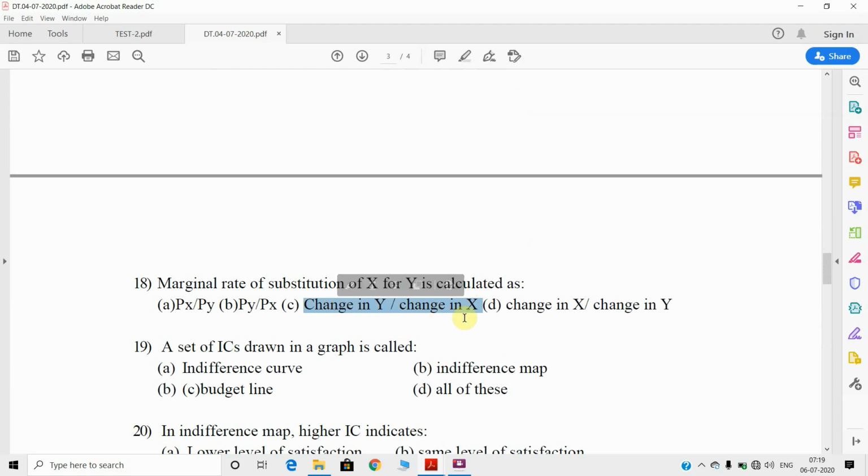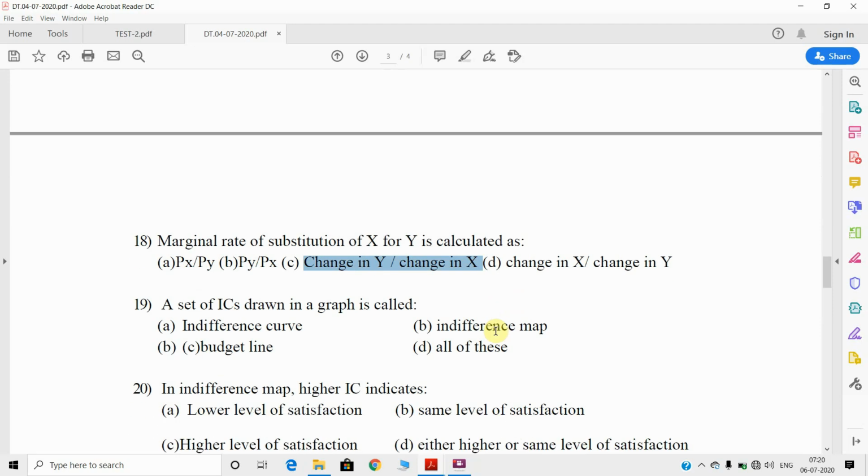The condition is MUx by MUy is equal to Px by Py is equal to dy by dx, change in y by change in x. That is the reverse for the marginal rate of substitution of y for x, which is equal to the change in x divided by the change in y. It is opposite, right.